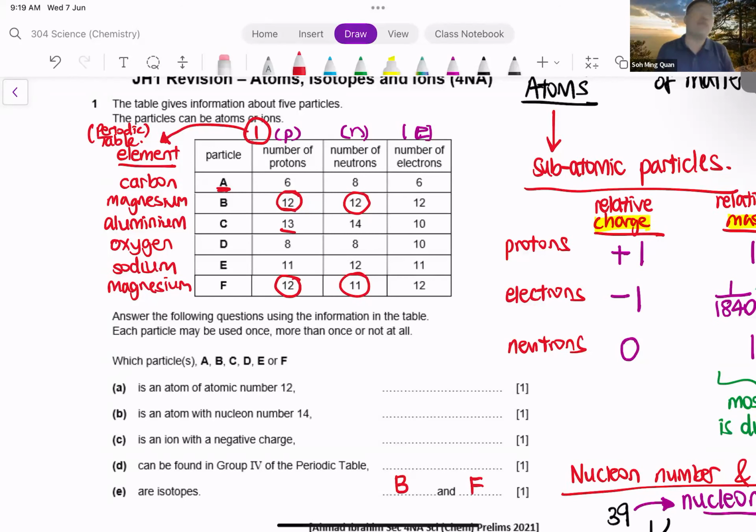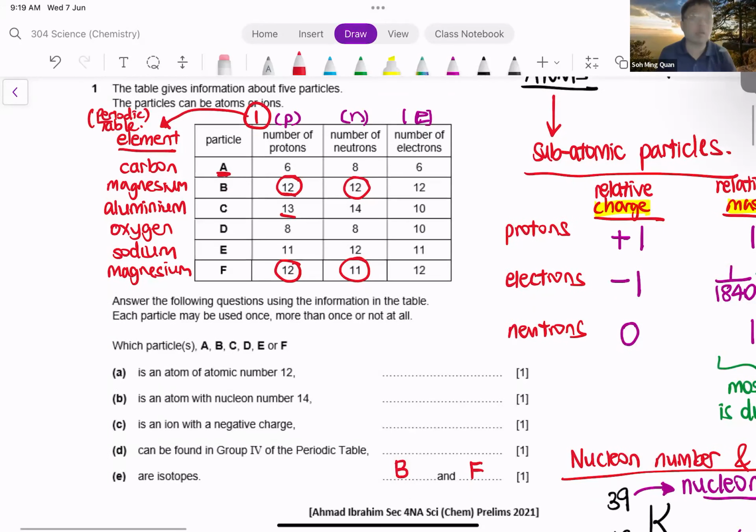So you can identify the isotopes so easily just by knowing that they are the same element, same proton number, but different number of neutrons. All right. So isotopes we'll go through again next lesson, but it is important to know that isotopes must be atoms of the same element.